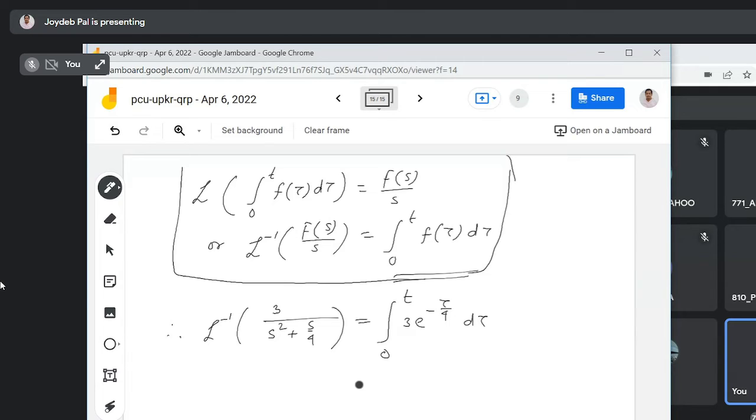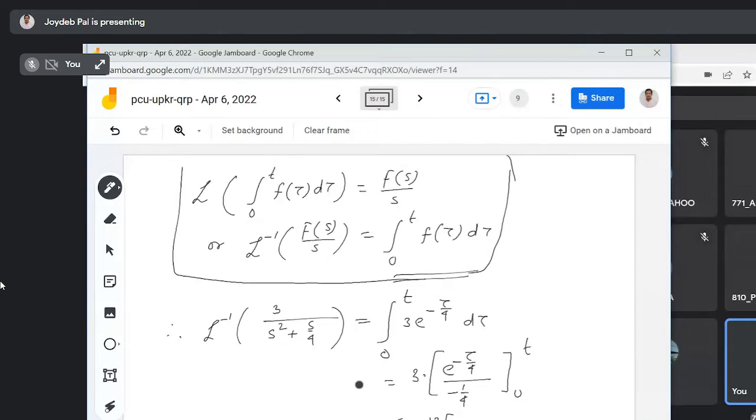Solve that integration and it will be the answer. Okay. It is what? Yes, sir. 3 e to the power minus tau by 4 divided by minus 1 by 4 and limit 0 to t. तो ये हो जाएगा कितना -12.